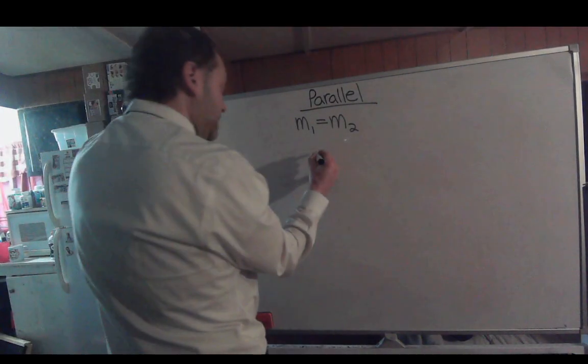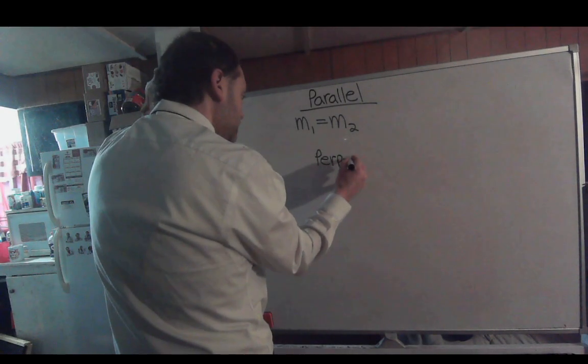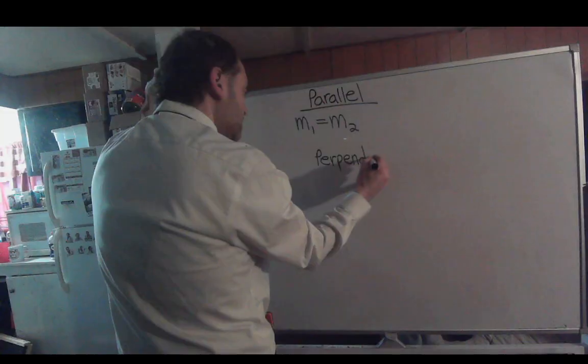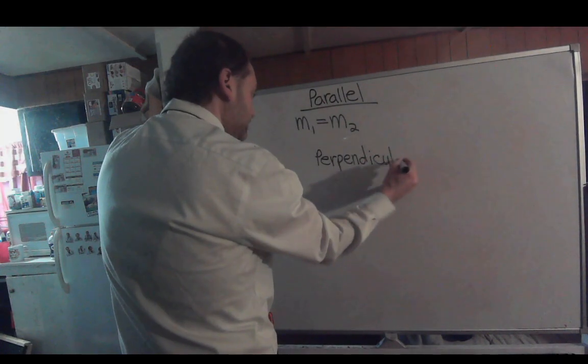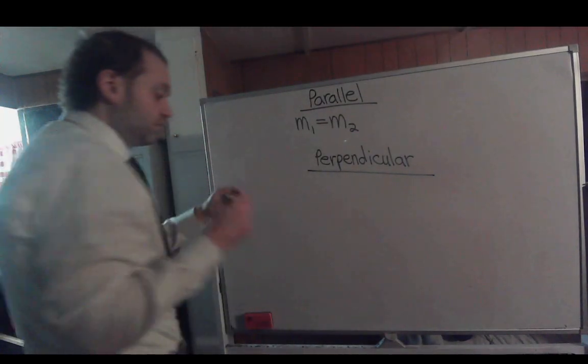And then of course you have perpendicular lines, which means they intersect to form a 90-degree angle, a right angle.